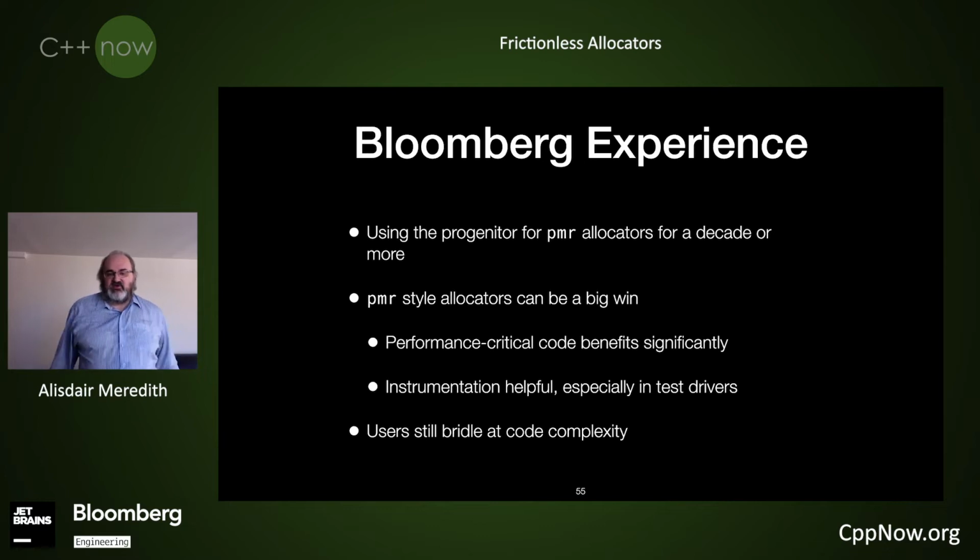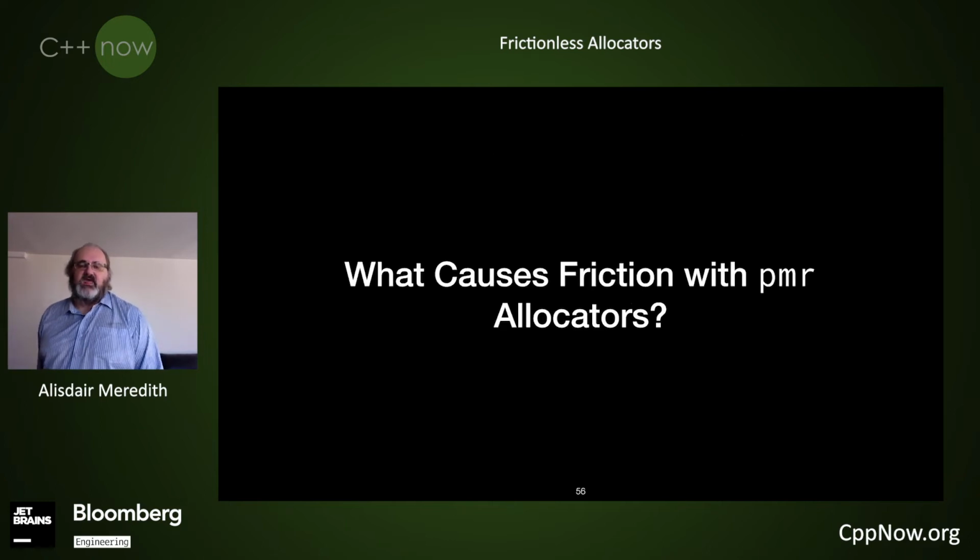And the end users downstream of us, although they like the performance wins, we still hear, especially from new users, bridling at the code complexity that comes from having to write all the extra code to support allocators in different ways. So it's a big win. It comes at a cost. So what are our sources of friction with PMR allocators going forward?